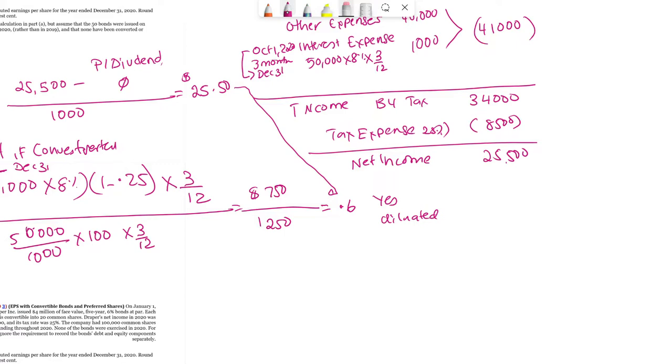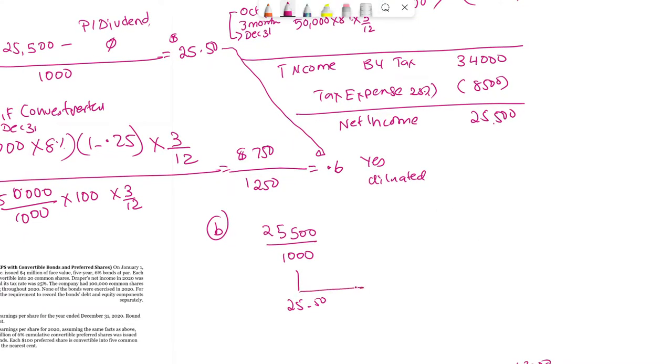In this case, we are working on part B. When we're doing part B, your basic earning per share is 25,500 divided by your 1,000. What does that give me? It gives me $25.50. That's your basic. And then what you have to do is your next calculation.